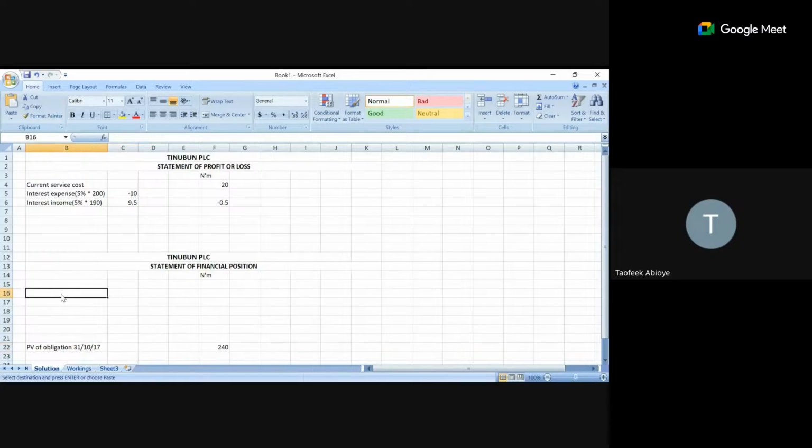So this will be our assets. That's why I said at the beginning of our lecture that there are some assets that will exist in your financial statement. Number one is plan assets. Number two, deferred tax assets. These are assets that are not PPE or anything like that.